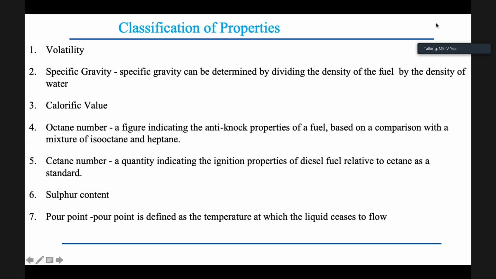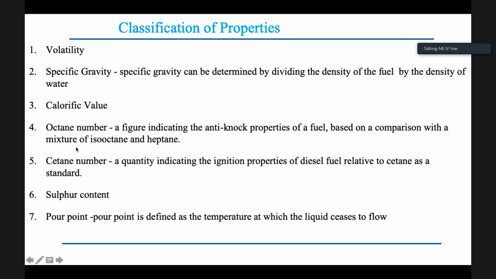So when we are talking about our fuel system, the very first question is what are the properties or classification of properties of the fuel. Here I have listed out some of the properties like volatility, specific gravity, calorific value, octane number and cetane number.